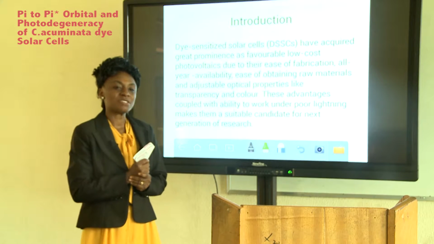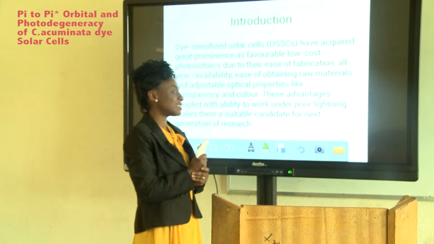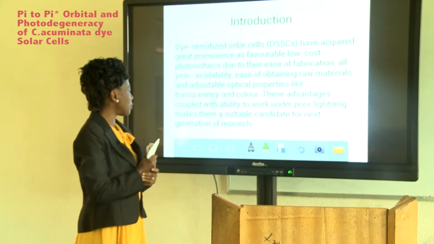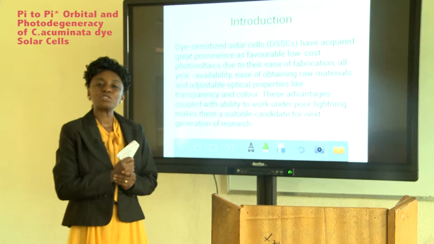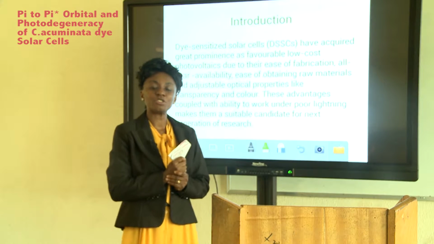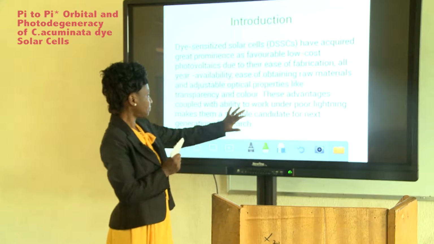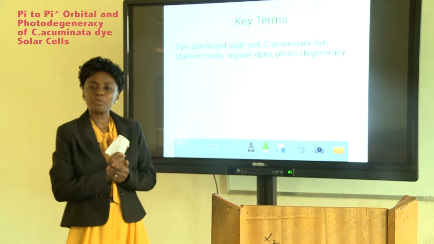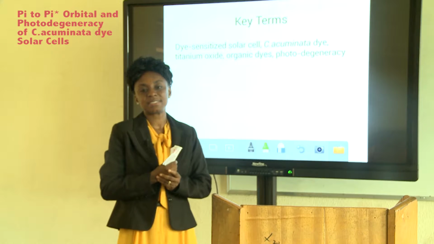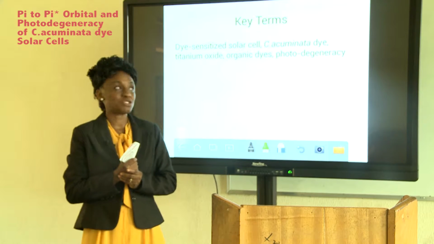Aside from that, they have some adjustable optical properties like the transparency and the color. They are also able to work under conditions of low lighting, which does not happen in silicon solar cells. And as such, they are prospective candidates for future research.